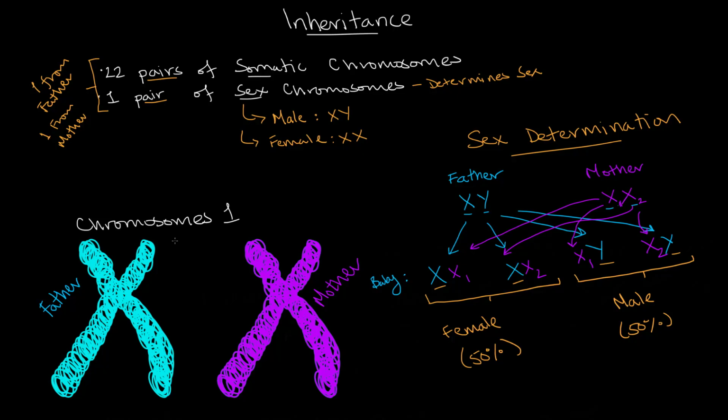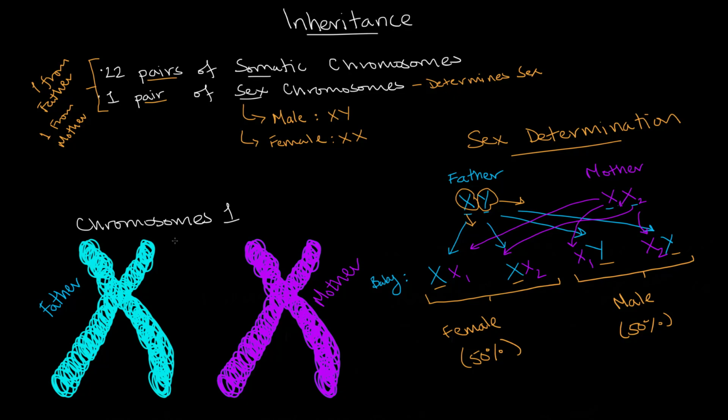And decide is not really the right word because it's not a decision that the father makes, but depending on whether the sperm that reaches the egg first has a Y chromosome or an X chromosome determines whether the baby becomes male or female. So that's sex determination. Hopefully this makes sense, and we can go through some more examples if you guys need.